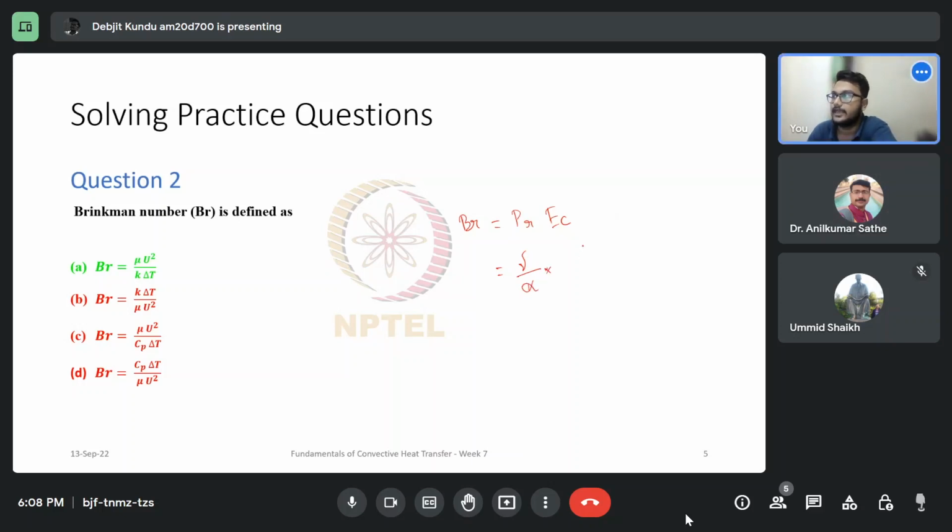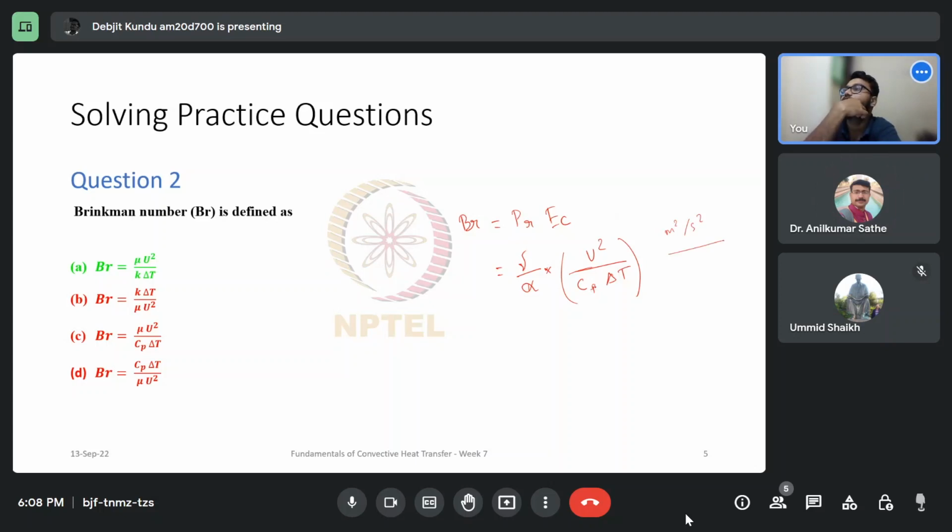And Eckert number is nothing but u square by Cp into delta T. Dimensionally, this is meter square per second square.